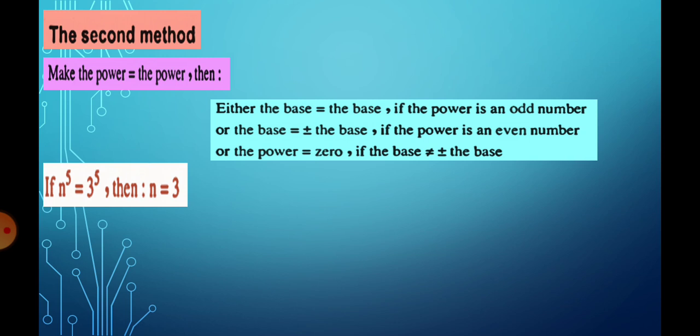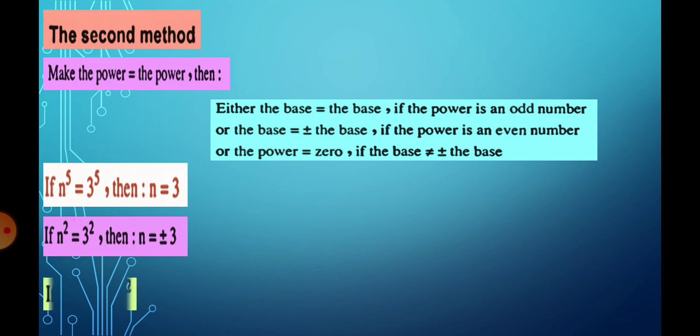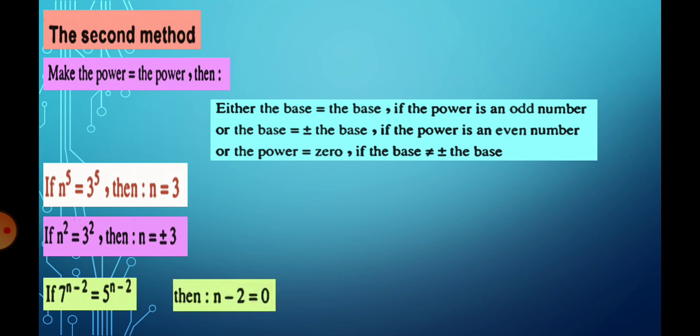Here the power is odd, then the base equals base, or n equals 3. n to the power 2 equals 3 to the power 2. Here the power is even, then we can write the base n equals positive or negative 3. 7 to the power n minus 2 equals 5 to the power n minus 2. Here the power equals power, but the base doesn't equal another base, so the power must equal 0. We can find n minus 2 equals 0, then n equals 2.